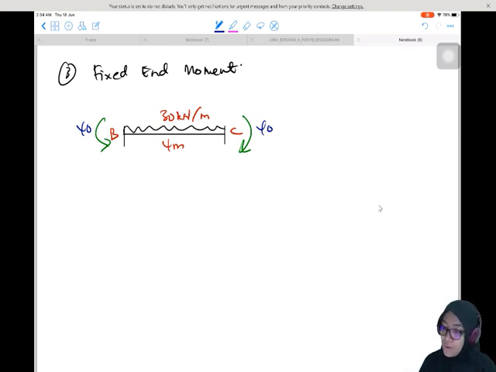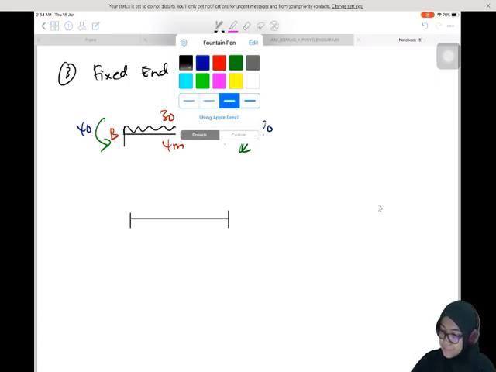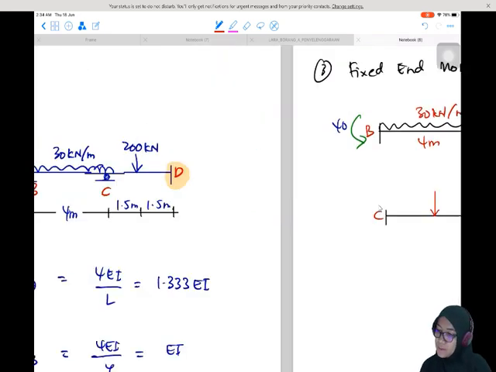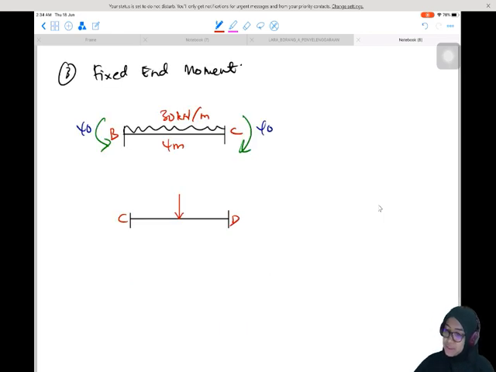Okay, and for member CD, this is CD. There is a point load. Point load 200 kilonewton. This is 1.5 meter, 1.5 meter.